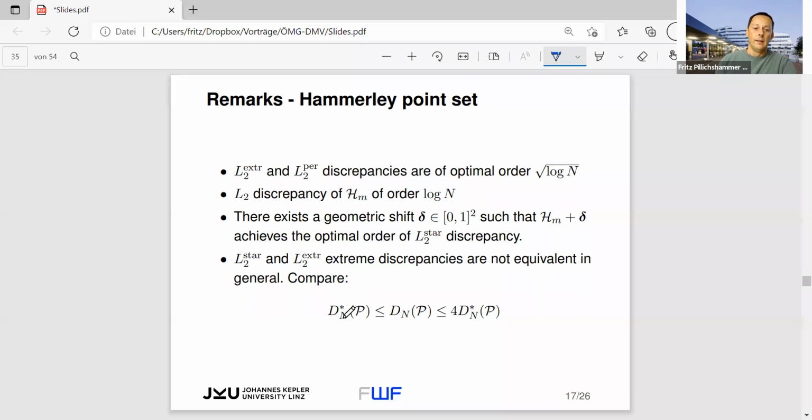With the classical notions, the L infinity star discrepancy is bounded by the L infinity extreme, which in turn is bounded by 4 times the L infinity star discrepancy. So for the L infinity case, these two discrepancies are equivalent in this sense. But this does not hold for the L2 star and the L2 extreme discrepancy. So there's a difference between L2 and L infinity.